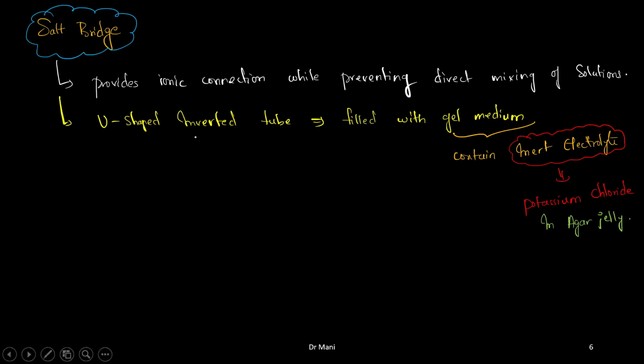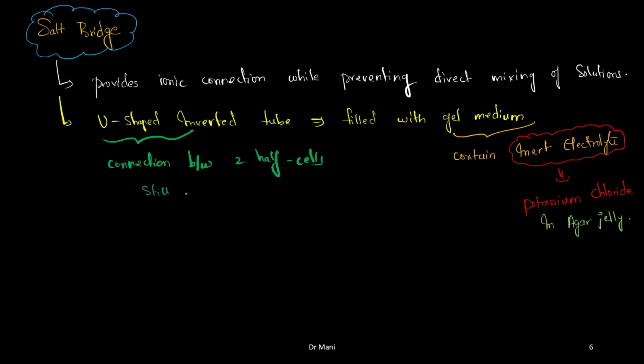So why is it U-shaped? Why is it designed in the U-shape? So that it will ensure the proper connection between the two half cells, and maintain the physical separation. So remember, it was designed in such a way that it makes the connection between two half cells while still maintaining physical separation.